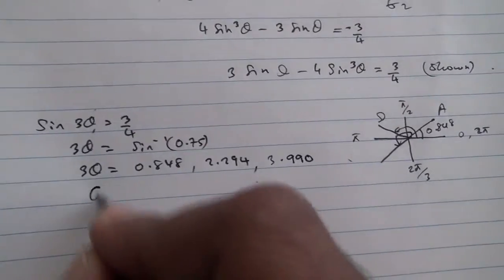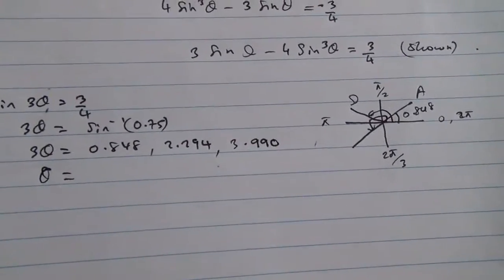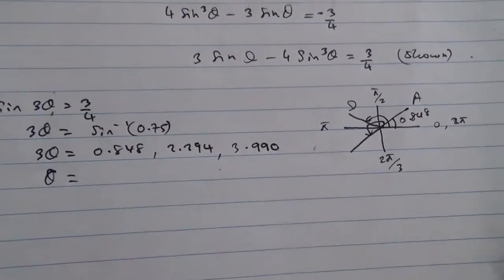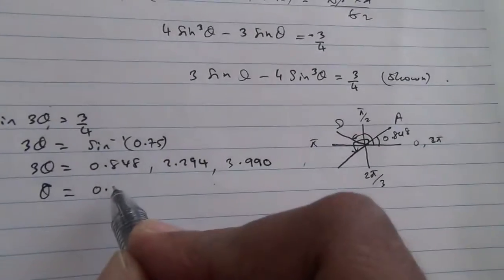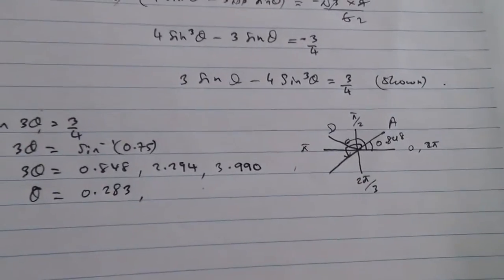All right, so theta is going to be, divide each one of these by 3. You're going to end up with 0.848 divided by 3, which is 0.283.